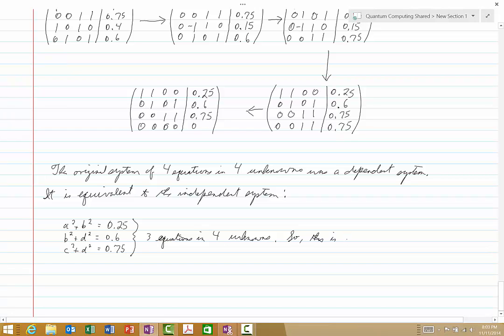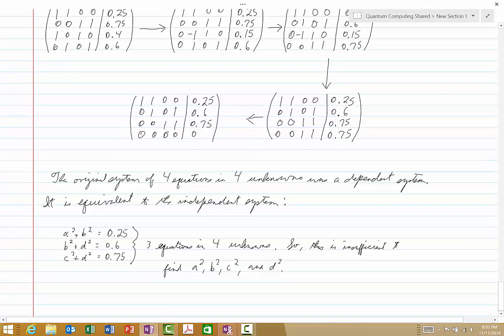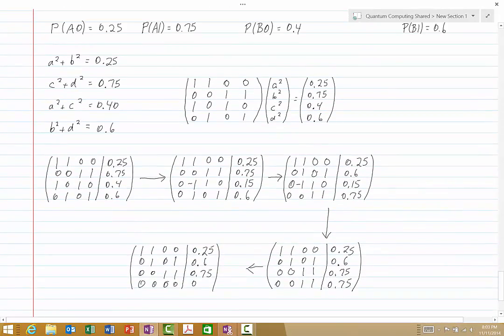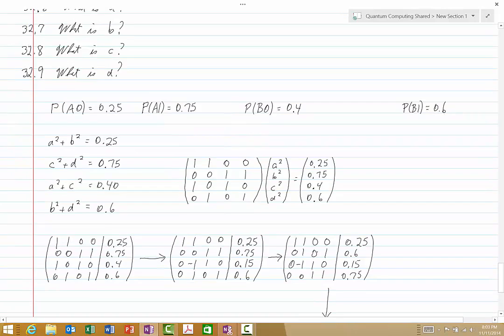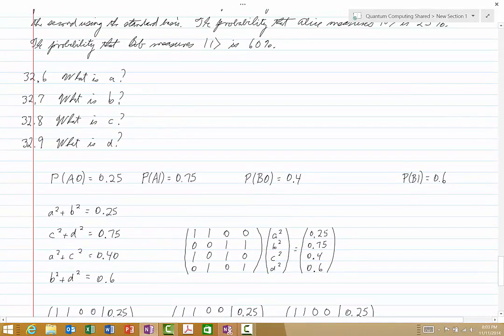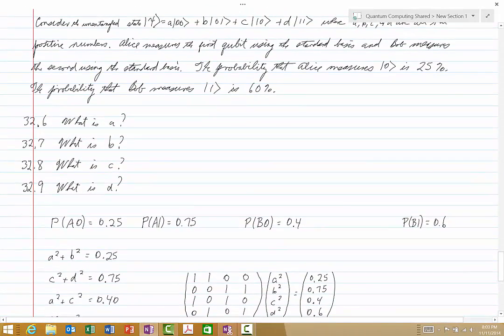This is insufficient to find a squared, b squared, c squared, and d squared. So what do we do? Let's go back up here and think about this for a couple more minutes.